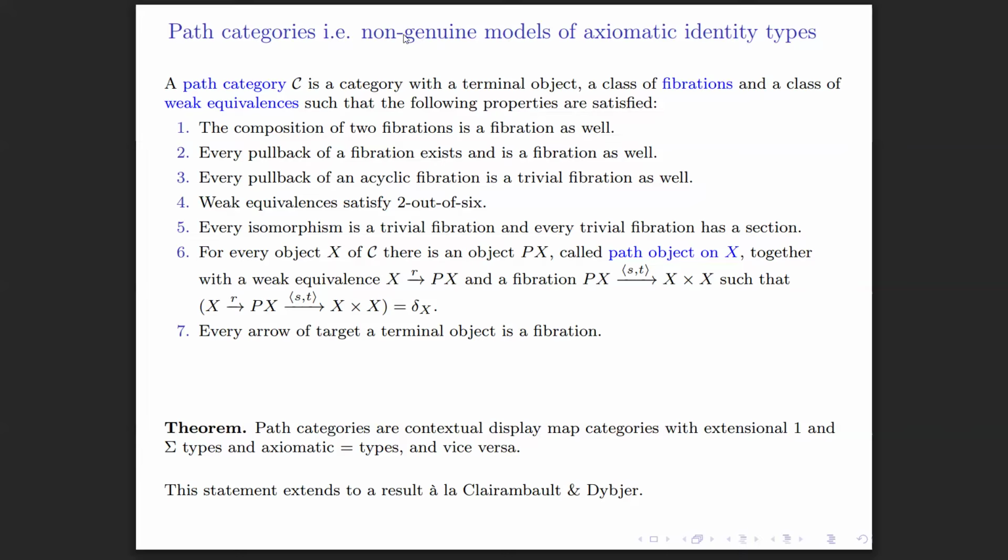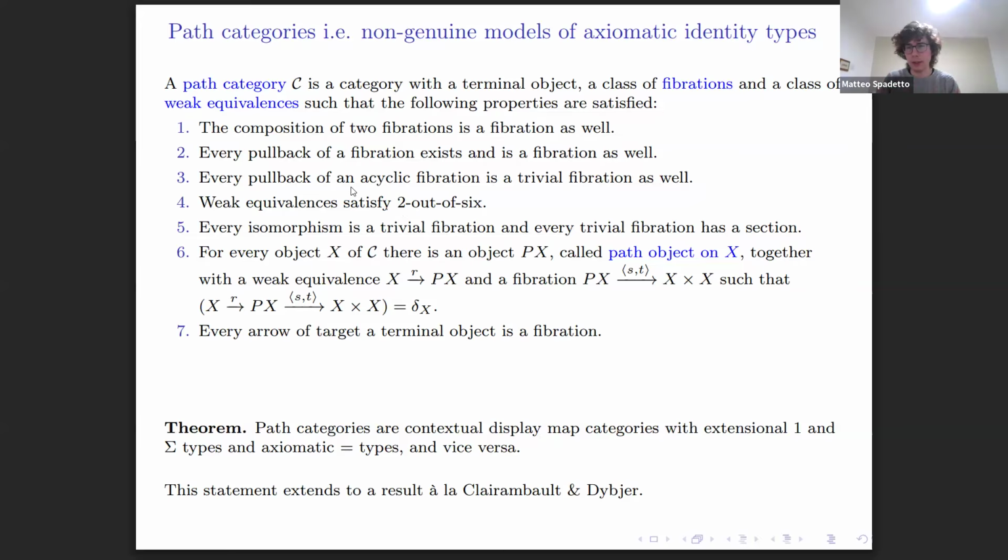Does someone else have a question? I actually have a question about this slide, so maybe I'll jump in. Can you say what's different between path categories and fibration categories? I think the main difference is that in place of 2 out of 3, you have a 2 out of 6. So it's a stronger condition.